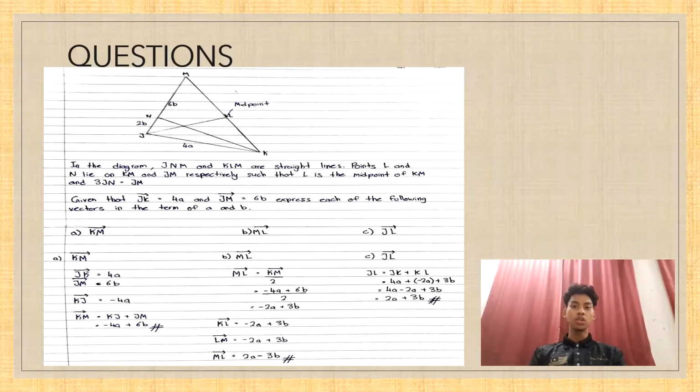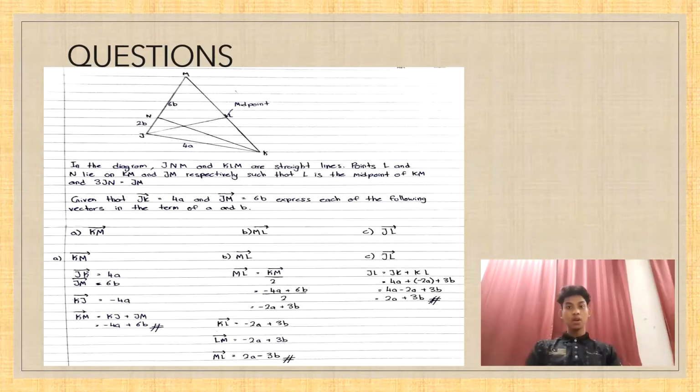Because based on the question, L is a midpoint for KM, so that we can get the value for KL and LM. After dividing by 2, we get negative 2a plus 3b. This answer is for L to M, and we should change to M to L so that we get 2a minus 3b. Okay, and the last question is J to L.